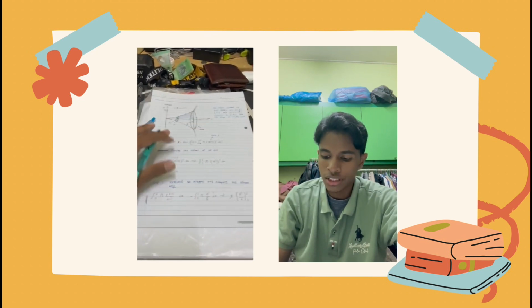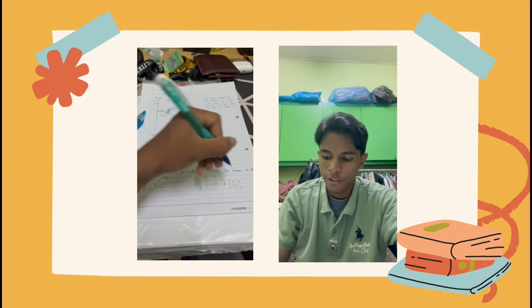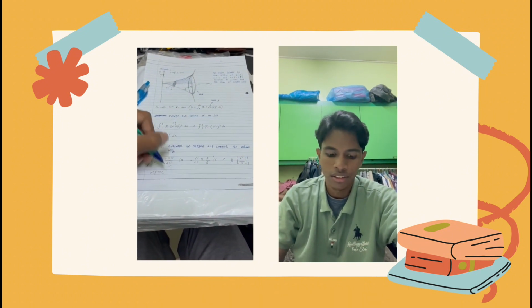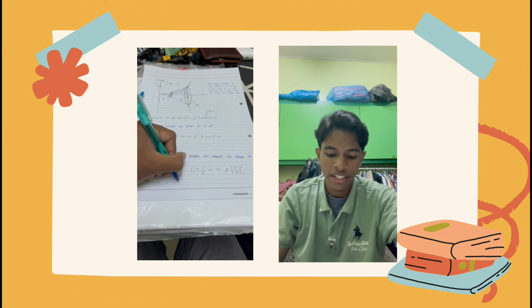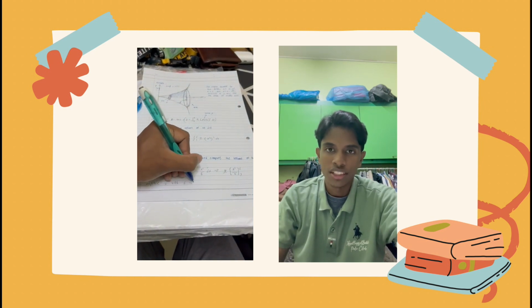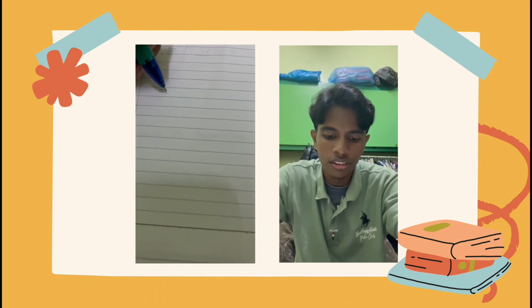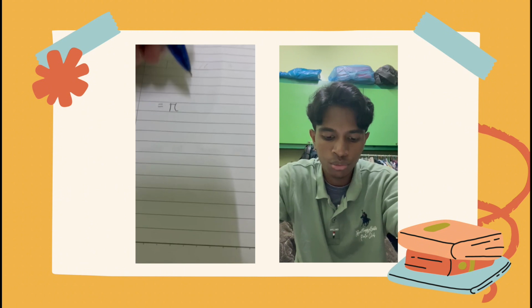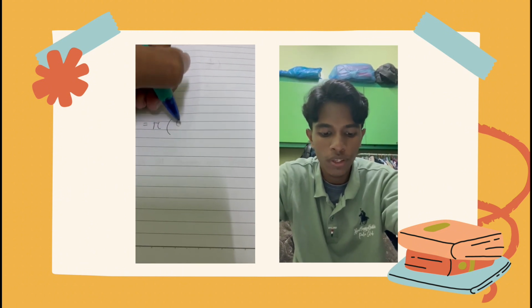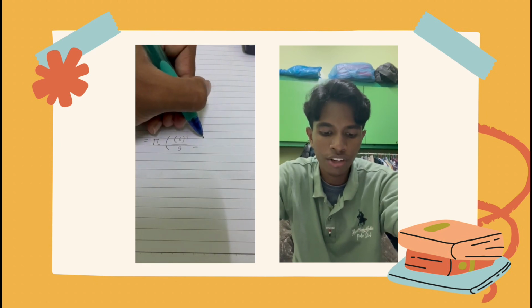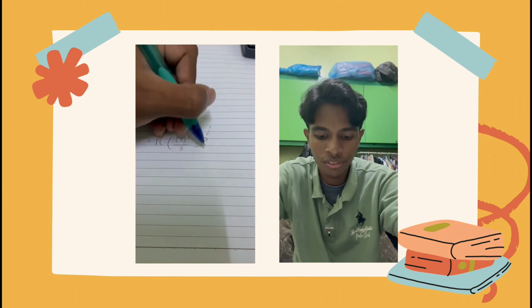Next step, we substitute the limits 6 and 3, replacing x with 6 and 3. Now we get pi times (6^5 over 5 minus 3^5 over 5).